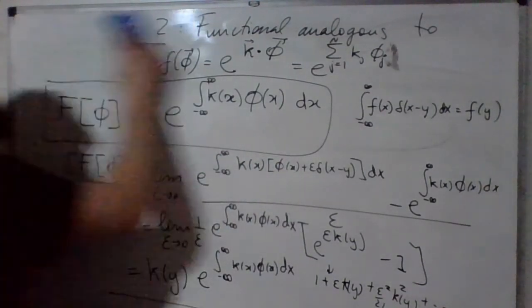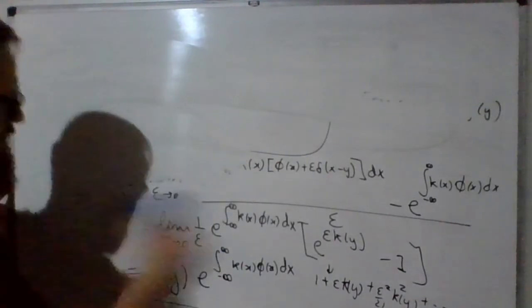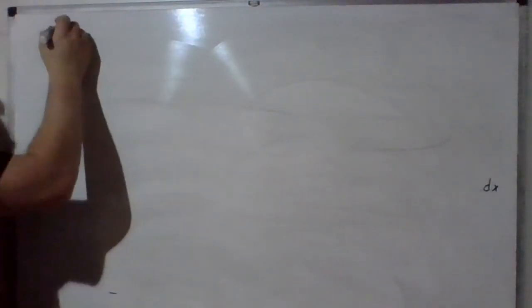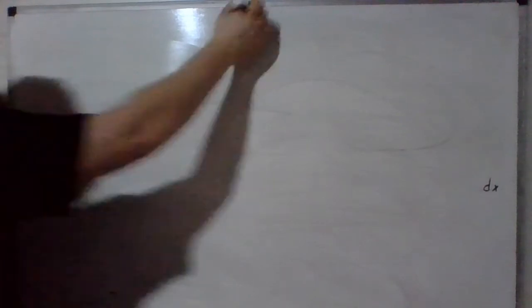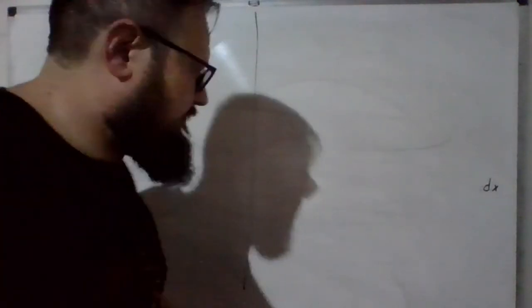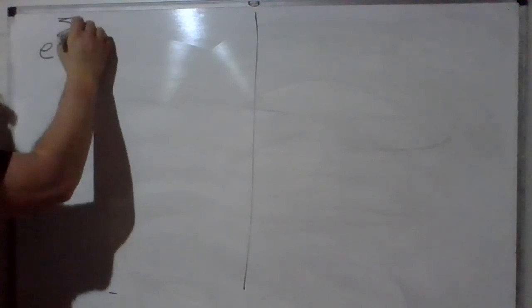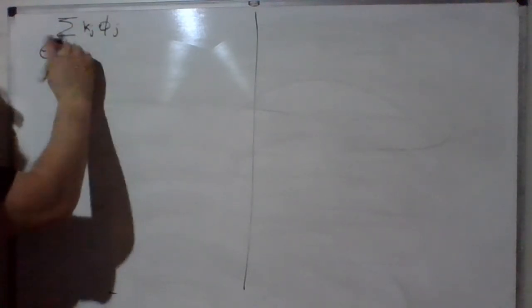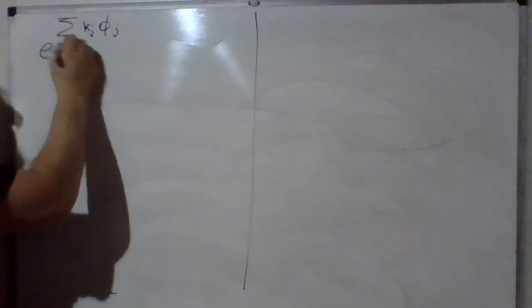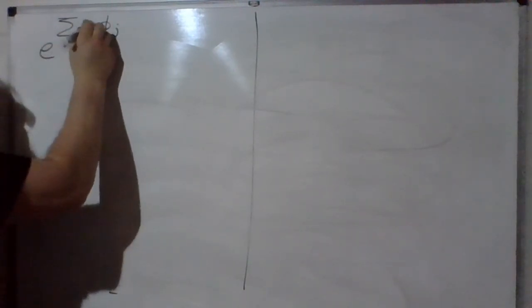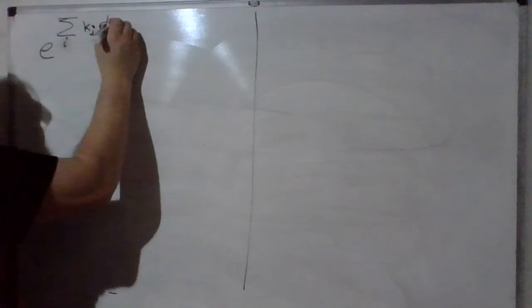Notice that you could use the analogy here, just to end up with this lecture. You have a scalar exponential of the summation over j, k of j, phi of j, or I was using i here. I'm using i here.